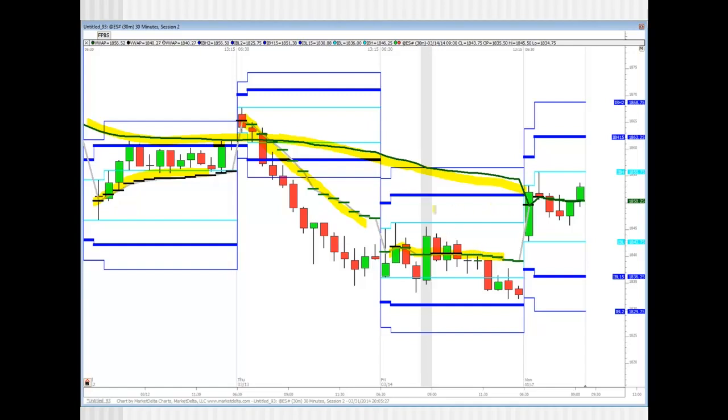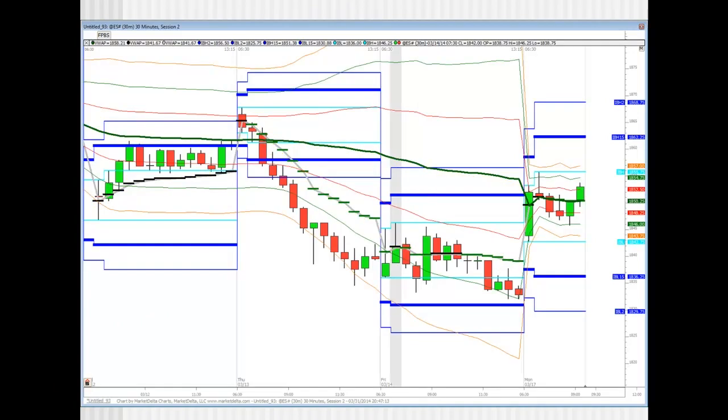And if we were to put in our standard deviations here, you would immediately see that this is a range-bound day because they would all be parallel to one another. The VWAP with the profile framework, whether you use the IBs or whether you use the value area lows and the value area high, and the parameters of the VWAP, it just tremendously enhances the image of what's going on in the market.